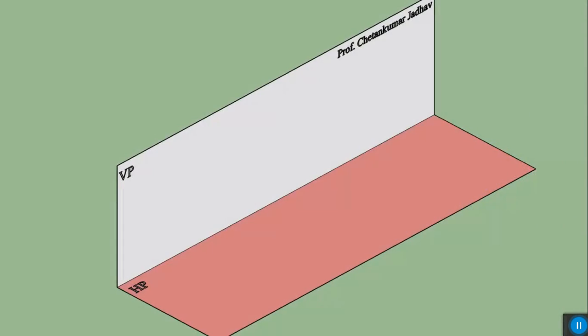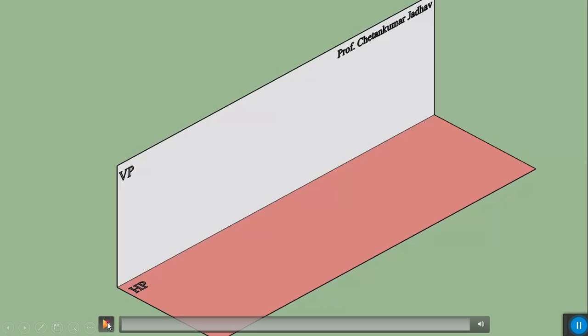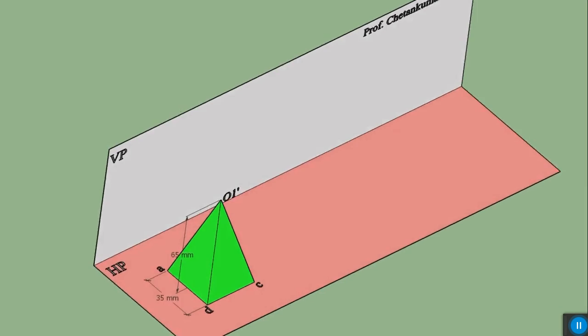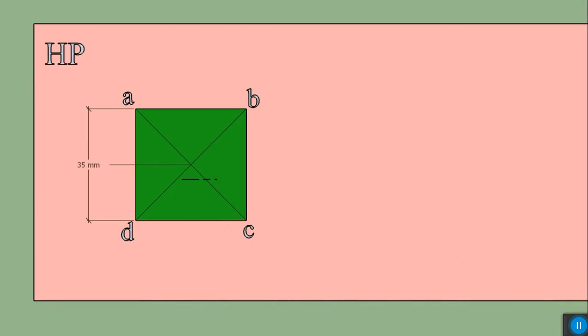Prior to moving ahead, let's first try to visualize the given problem with the help of animation. As in the given problem, first we will place the square pyramid in such a way that it will be resting on its base on horizontal plane. In the top view, the square pyramid looks like a square lamina with a size of 35 mm.